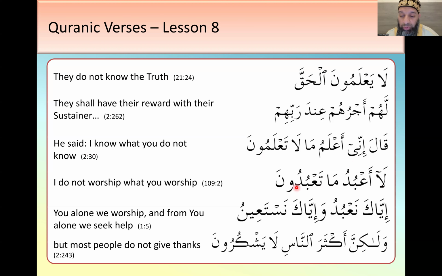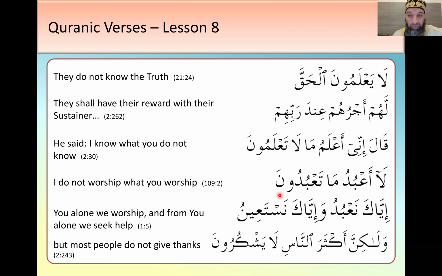La a'budu ma ta'budun. La a'budu. So a'budu means I, this alif stands for I, worship. I worship. La, I worship not. So I do not worship. Ma, what? Ta'buduna, you all worship.